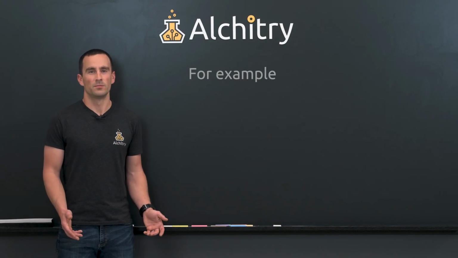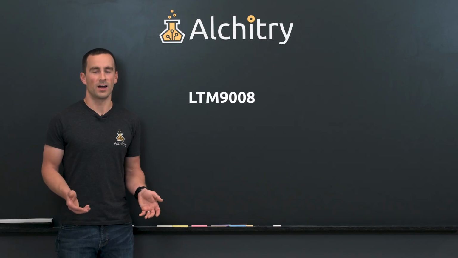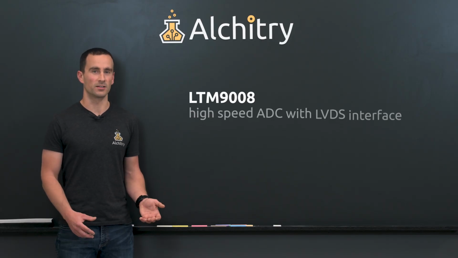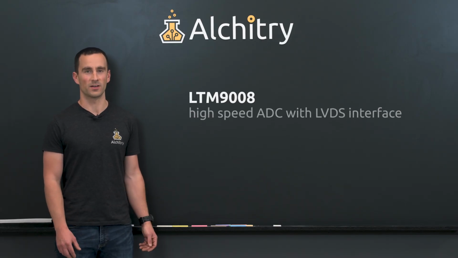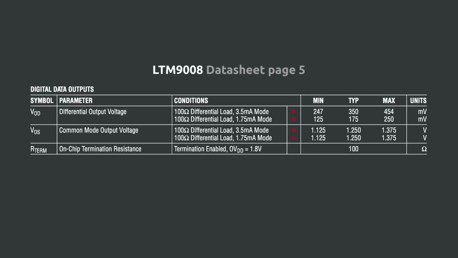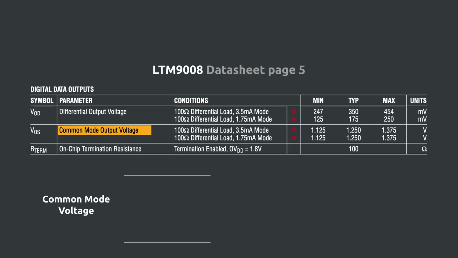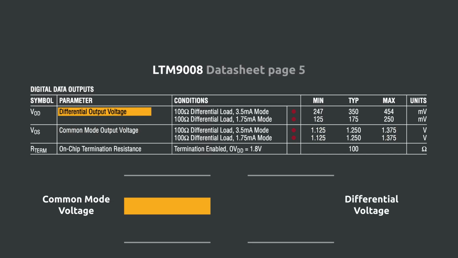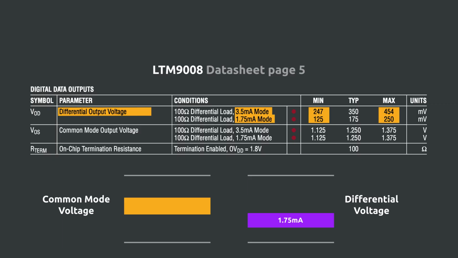As a quick example, let's take a look at the LTM9008, a high-speed analog-to-digital converter that has an LVDS interface. On page 5 of its datasheet, we can see that its common mode output is between 1.125 volts and 1.375 volts. And its differential output is between 247 millivolts and 454 millivolts in 3.5 milliamp mode, and 125 millivolts and 250 millivolts in 1.75 milliamp mode.